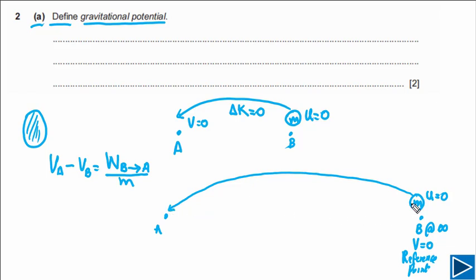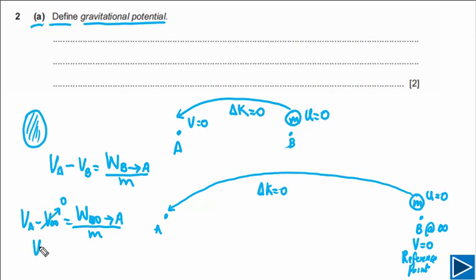So the amount of work done to bring this unit mass from infinity to point A is equal to the potential at point A. In this case, again, there is no change in kinetic energy. Now, if we write down VA minus VB, in this case VB is at infinity. So we can say the work done to bring this unit mass from infinity to A per unit mass is equal to the potential at A, because V infinity is equal to 0.